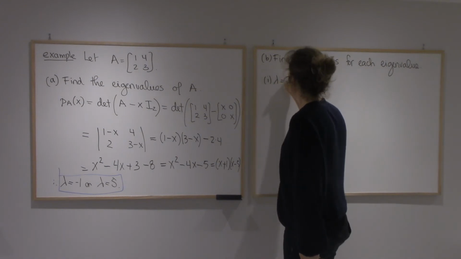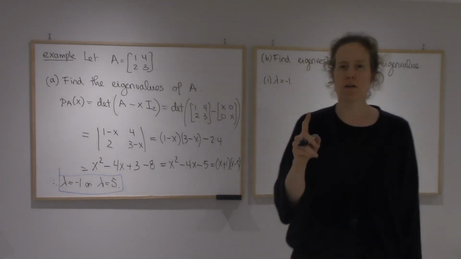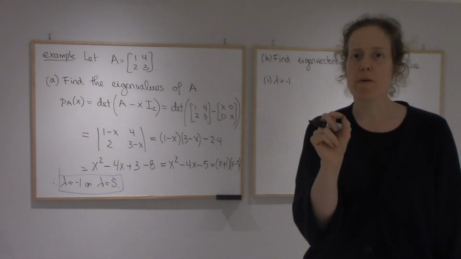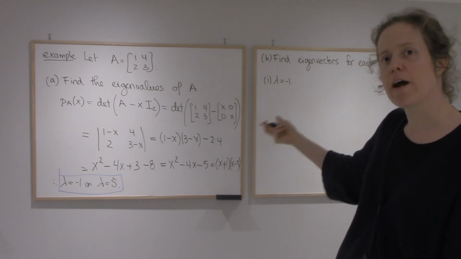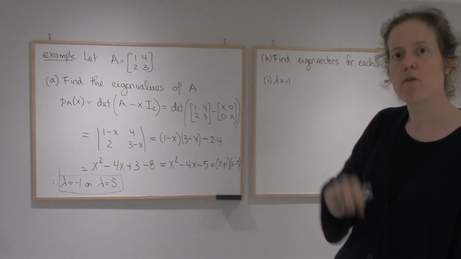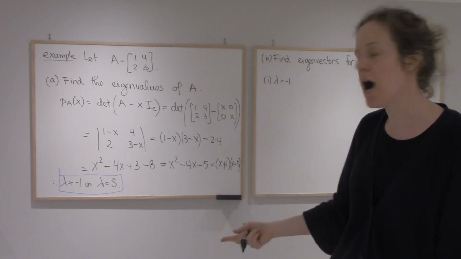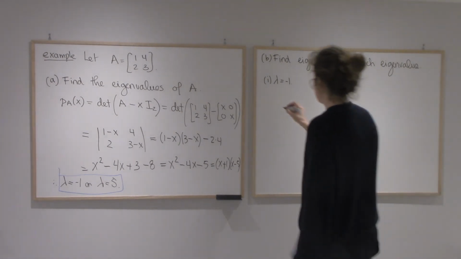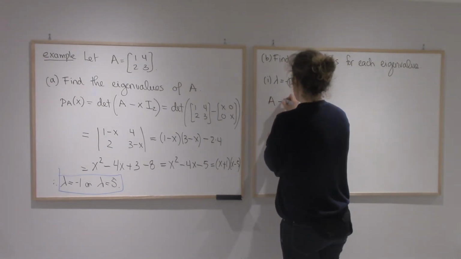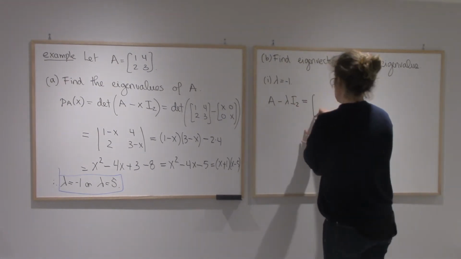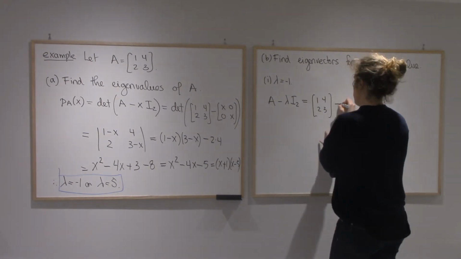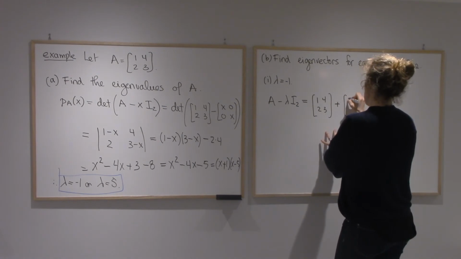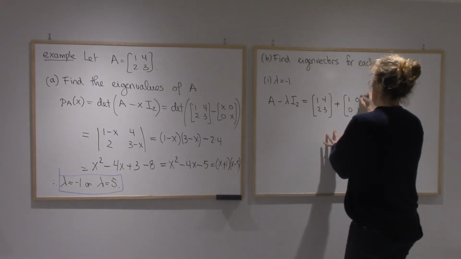All right. So for lambda equals -1, remember in the theorem, we got a bit more than just a way of finding the eigenvalues. We got that the eigenvectors were part of the null space for A minus xI. So here, if I look at A minus lambda I_2, that would be 1, 4, 2, 3 plus 1, 0, 0, 1.